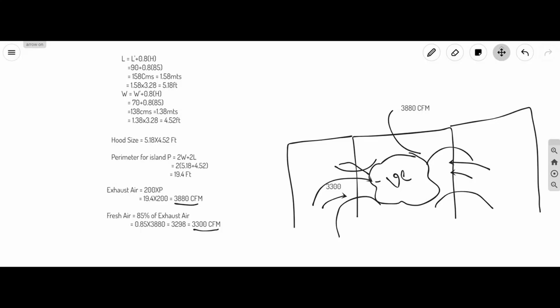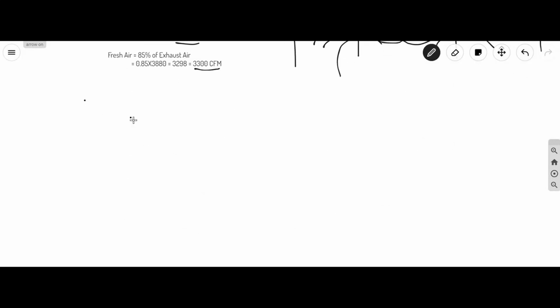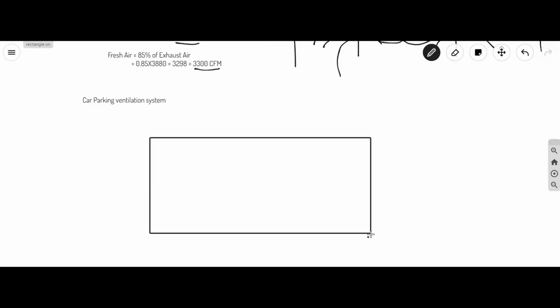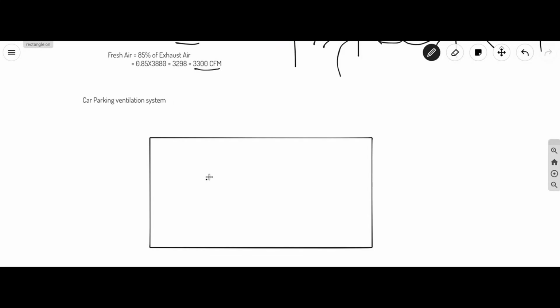So coming to the car parking ventilation system. Suppose this is the car parking area. Width into length is 40 feet by 20 feet. Height equals 10 feet.